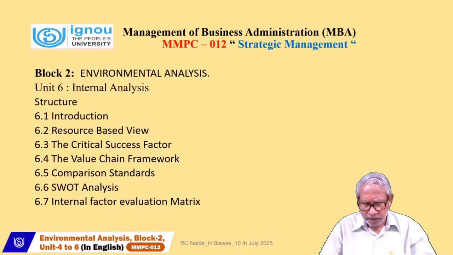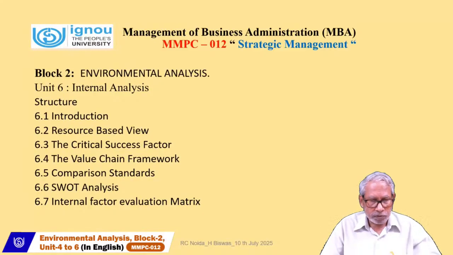Then in unit number 4 we discussed the external environment, where we saw a lot of analysis: the factors, the influences, opportunities, threats, and how to assess them. And finally, in unit number 5, we discussed environmental analysis, important competitive analysis, how to do it, and Porter's 5 forces model that we have already discussed.